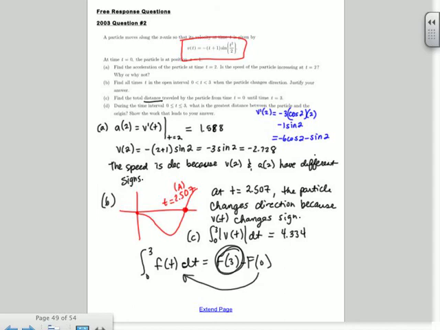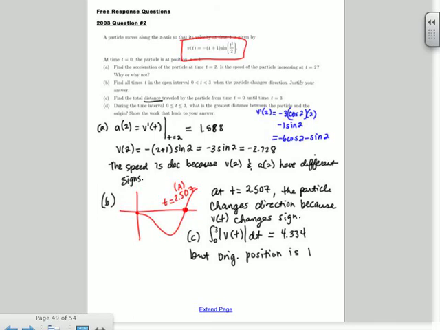Okay, so let's say something like, but original position is 1. Okay, so what we're doing, we're finding from 0 to 3 for your time. I think I'm saying this wrong.